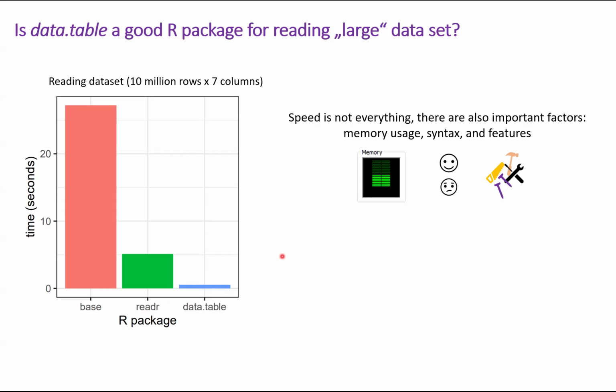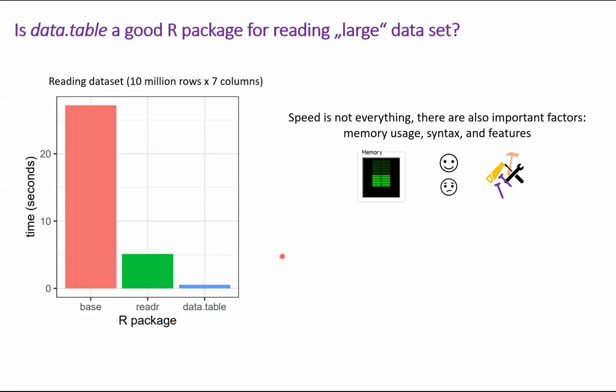But sometimes speed is not everything. There are also other important factors such as memory use. We need to consider how much memory it uses. For example, sometimes we need to use another package to optimize the memory used, or whether this package is easy to use or not.